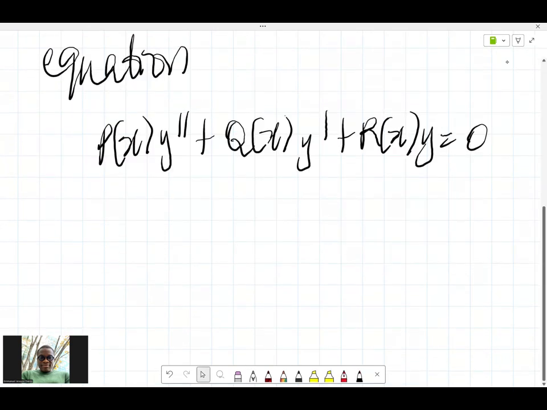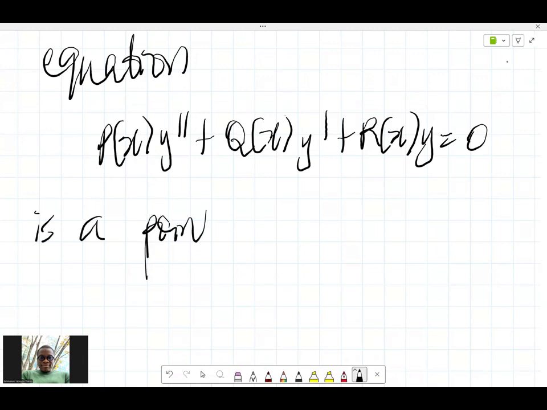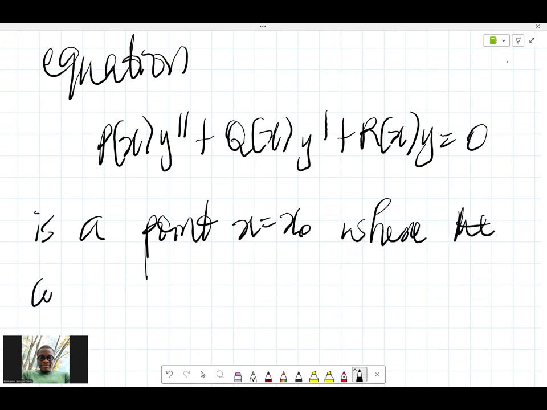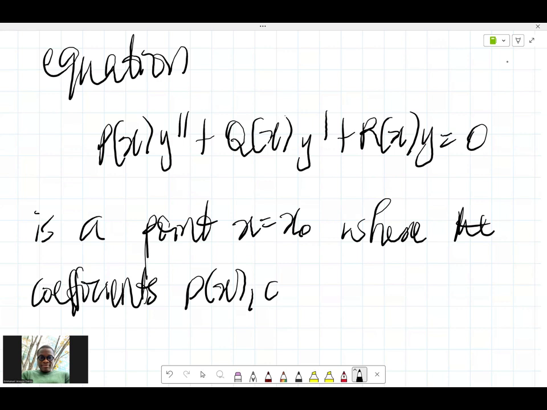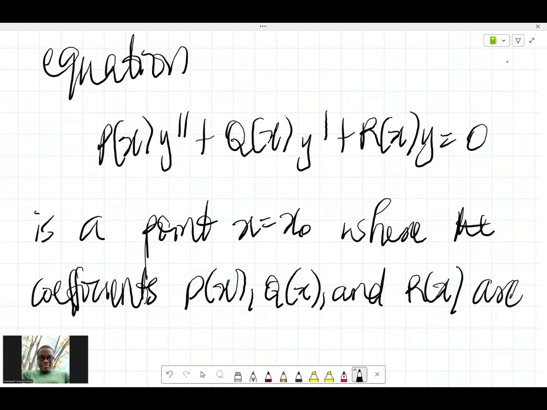So an ordinary point of that kind of equation is a point x equals x naught where the coefficients p of x, q of x, and r of x are analytic.